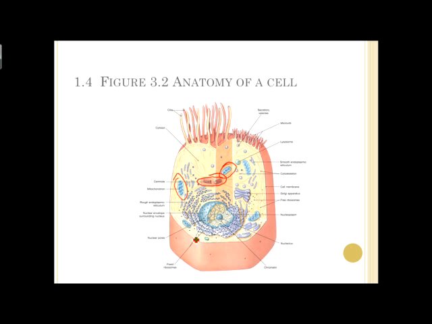We'll talk about those. Nuclear pores, fixed ribosomes, chromatin, which is the chromosomes, and so on. So all of these little parts inside of here are considered the organelles. This here, the fluid itself, is the cytosol. Cilia allow the cell to move, and microvilli allow for more surface area.